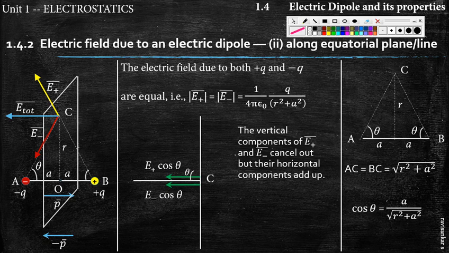So now can you say how many vectors are acting at C? Yes, there are only 2 vectors acting at the point C, which are the horizontal components, E plus cos theta and E minus cos theta. They are both in the same direction and therefore it is easy to add them to get the resultant. So they have to be simply added up to get the resultant.